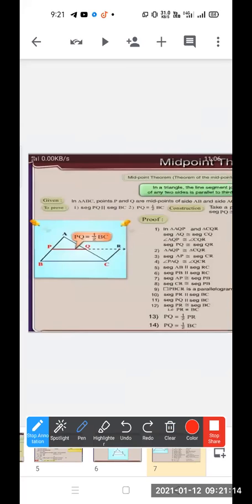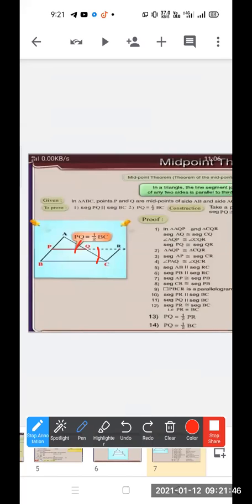Second condition, AQ is congruent to QC. What is the reason? It is given that Q is the midpoint of segment AC. Therefore, AQ is congruent to segment QC. Third condition, angle AQP is congruent to angle CQR. Why are they congruent, children?